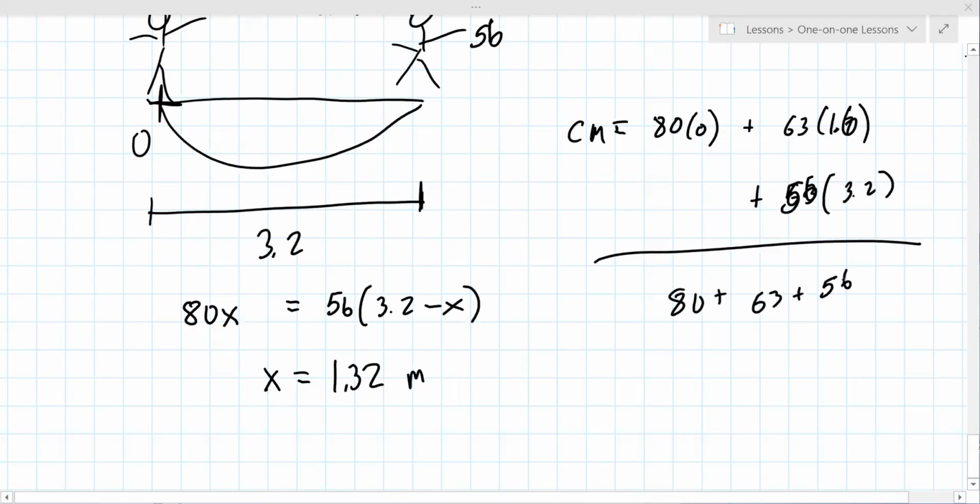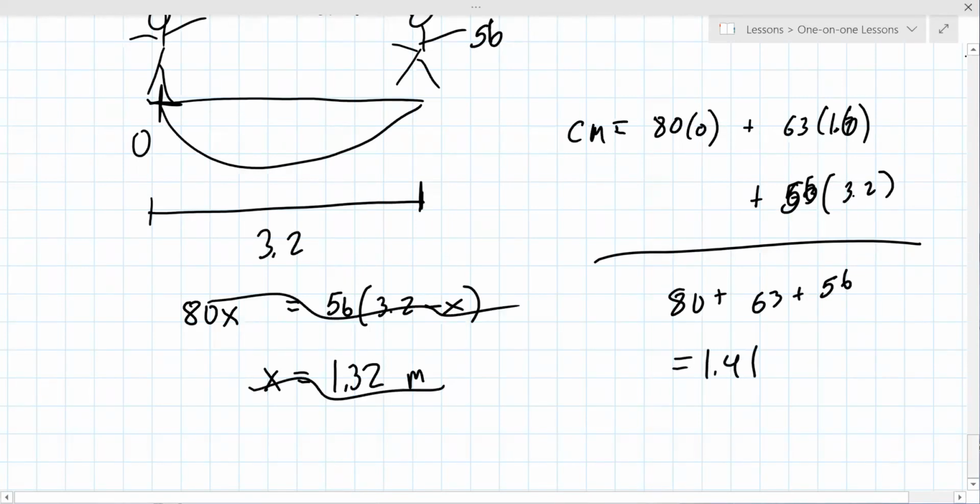Let me calculate that number: 63 times 1.6 plus 56 times 3.2 all over 80 plus 63 plus 56. Okay, so that's 1.41.